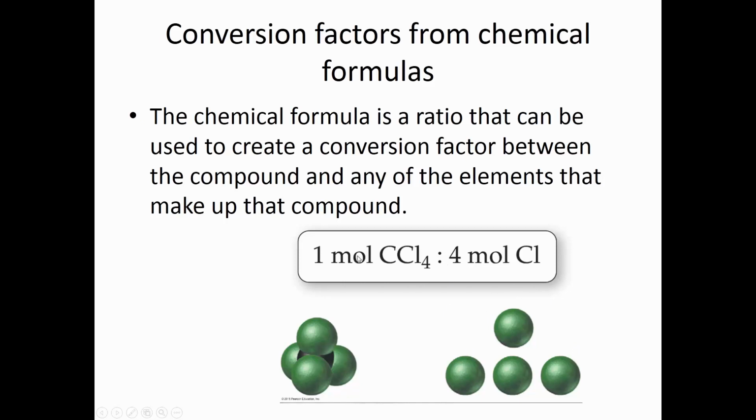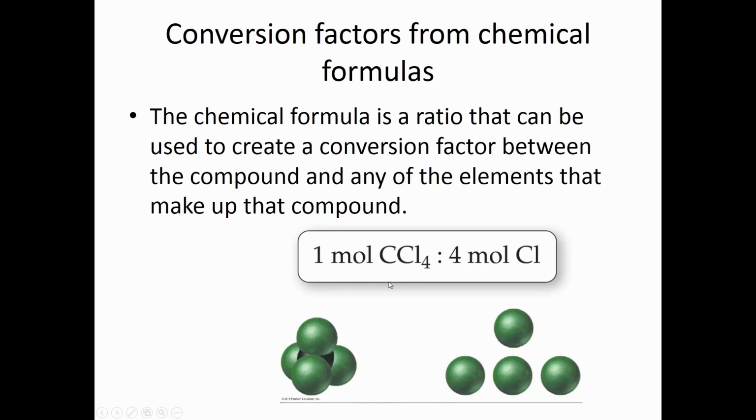So we could write this as an equality. So we have 1 mole of CCl4 is equal to 4 moles of Cl. So if you had a question where you are given the mass of CCl4 and you want to know how many chlorine atoms are present, this would be one of your conversion factors.